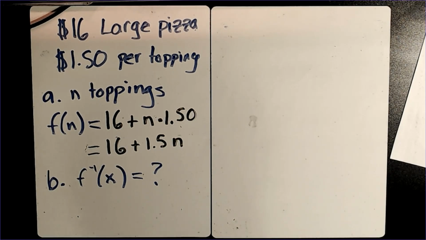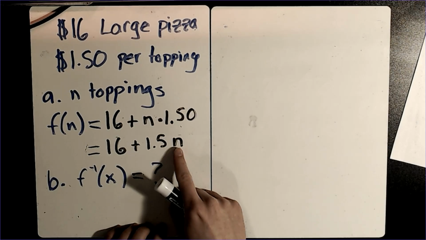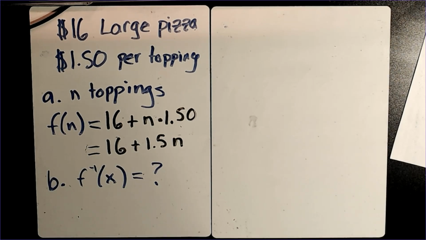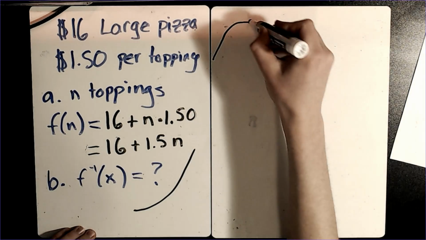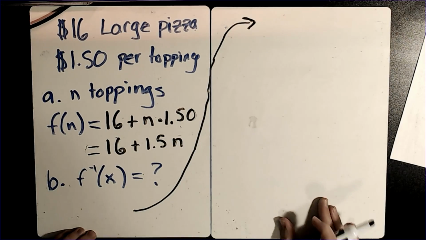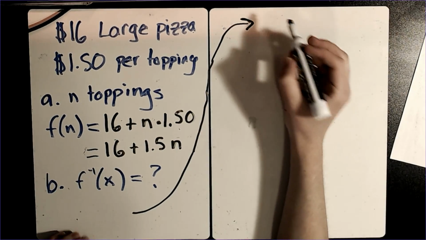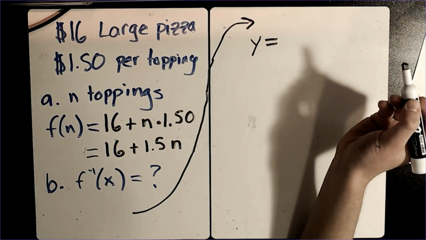Okay, so remember, to find an inverse function, this one doesn't have x and y in it, but this is kind of like your x. The n is the x in this case. So we're going to start here. I'm going to loop up and continue over here. Okay. Remember, to find the inverse, you start by replacing the function notation with y.